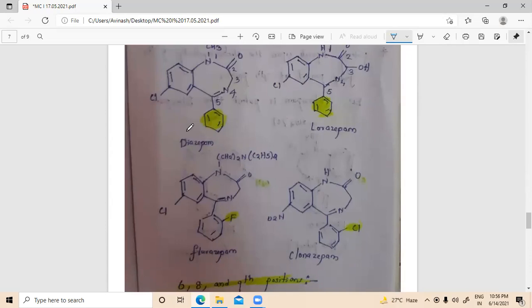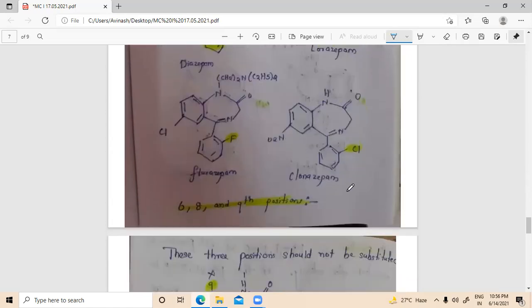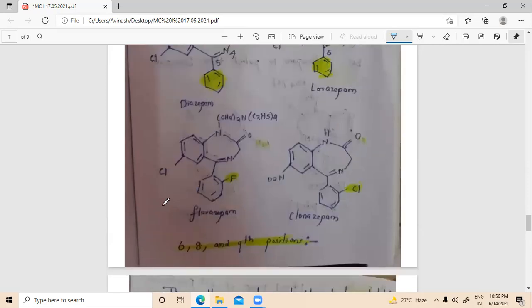This is diazepam, which has a phenyl group at the fifth position. Lorazepam also has a phenyl group at the fifth position. Next, flurazepam also has a phenyl group which is attached with an electronegative group, that is fluorine, which has very high electronegativity. And there is one advantage here.